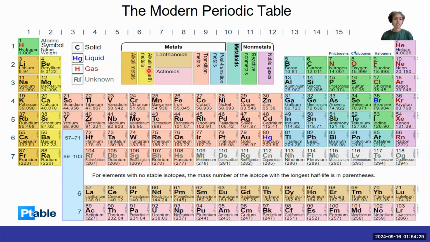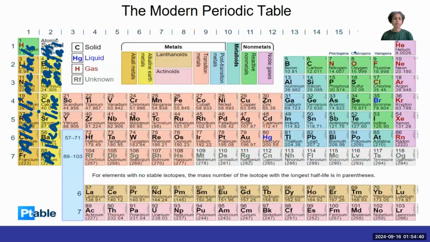And what we see in this orangey, goldish color are the alkali metals. In this yellow color here, we see the alkaline earth metals. And in this green, and also in our... what are these?